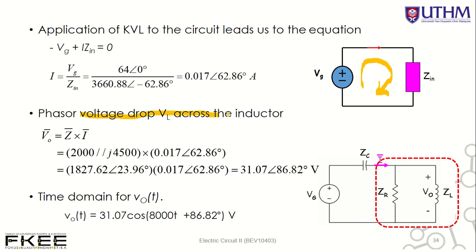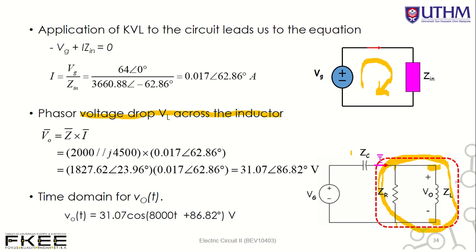And the voltage drop VL across the inductor. Where is the position? The question asks you to determine the voltage drop across the inductor, which is equal to the voltage drop at this point. This is the same node. Let's say this is node A and this is node B. You need to determine the combination of Z between ZR and ZL.